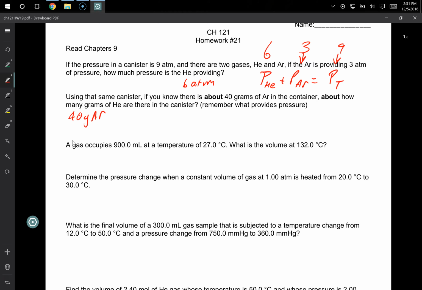The amount. When you say amount, what do you mean? The number of particles, right? They're both in the same container, so they're both at the same temperature. So one of them is providing a greater pressure, double the pressure, because of what reason?